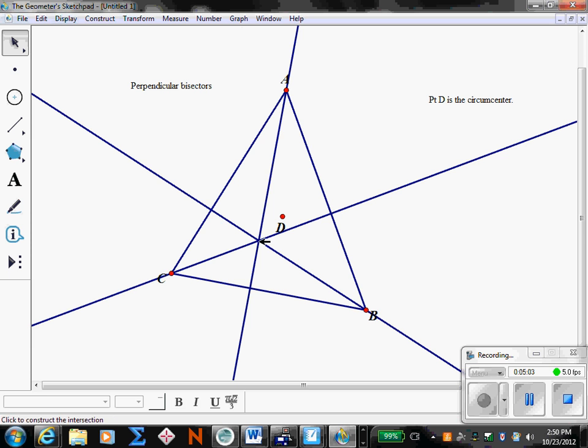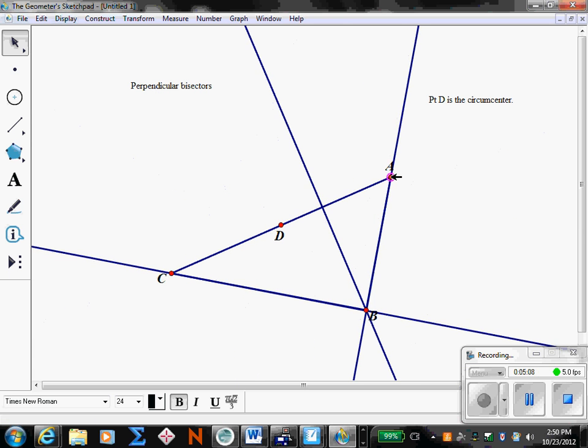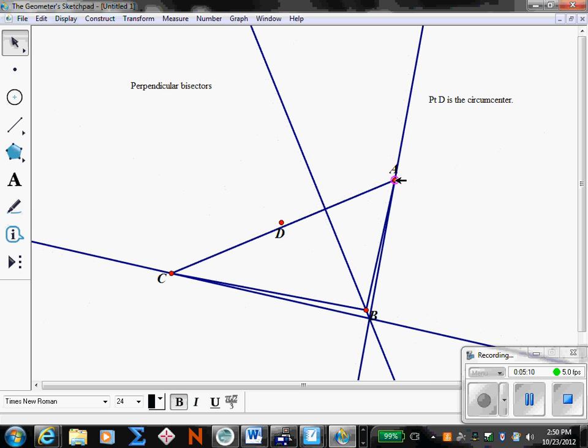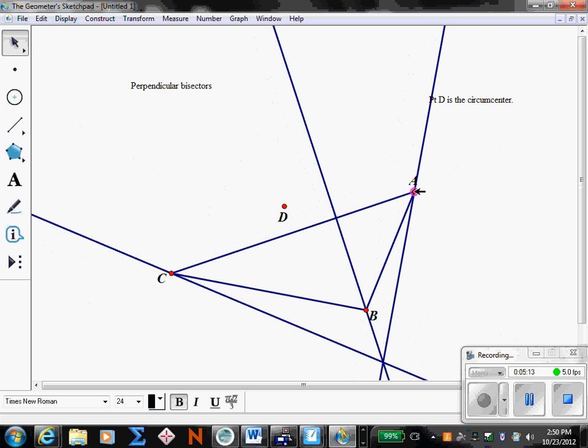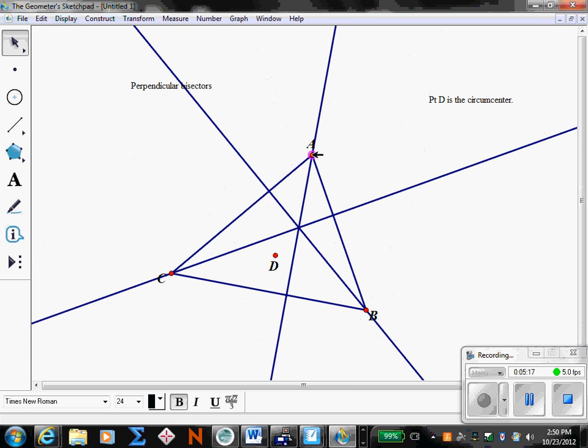Look again, they are concurrent. If I make it a right triangle, you can see the altitudes are the sides. If I make it obtuse, they intersect outside of the triangle. So I'm going to keep this on the inside.